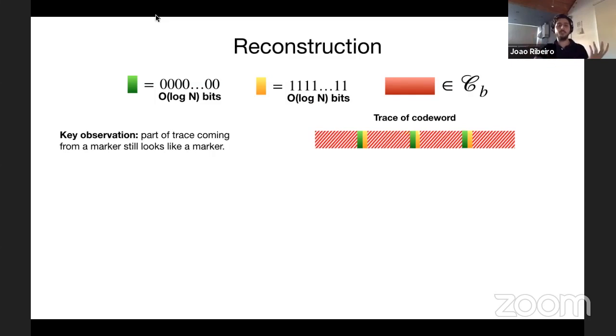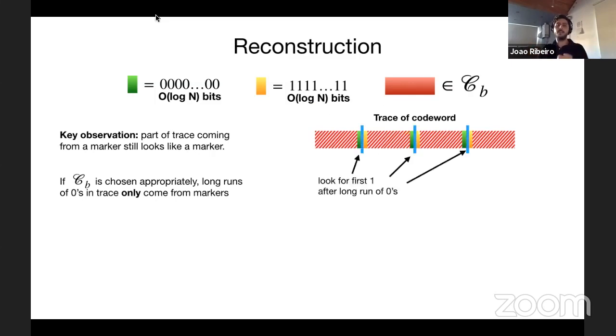So what we can hope for is that if we design our subcode so that the traces of the red blocks don't have long runs of zeros, then you can find the markers by just looking for long runs of zeros in your trace. Not only that, but you can find the separation between the green part and the yellow part by looking for the first one after a long run of zeros. This is all with high probability.